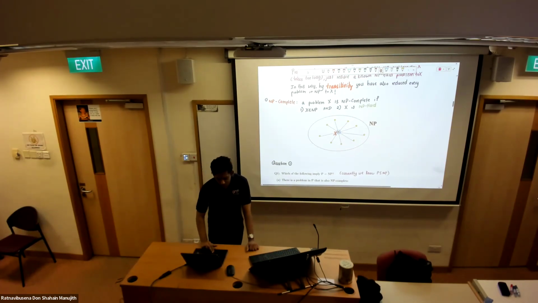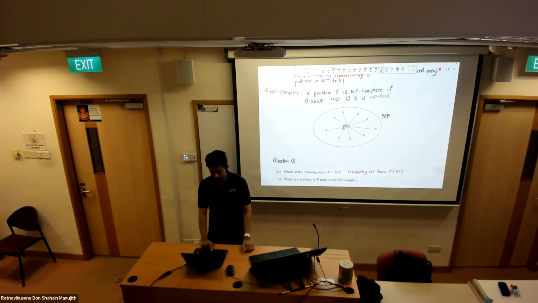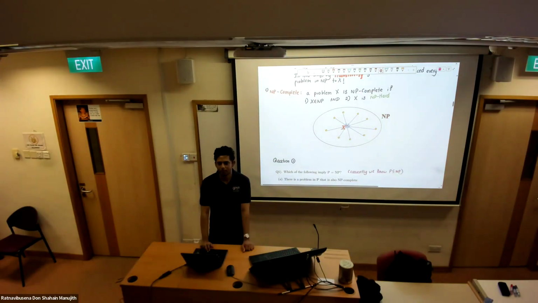Which of the following imply P equals NP? Currently we know that P is a subset of NP. If we know that there's a problem in P that is also NP complete, does that imply that P equals NP, i.e., does it imply that NP is a subset of P? This is a little bit non-trivial, but it's okay. Yeah, Keisha.